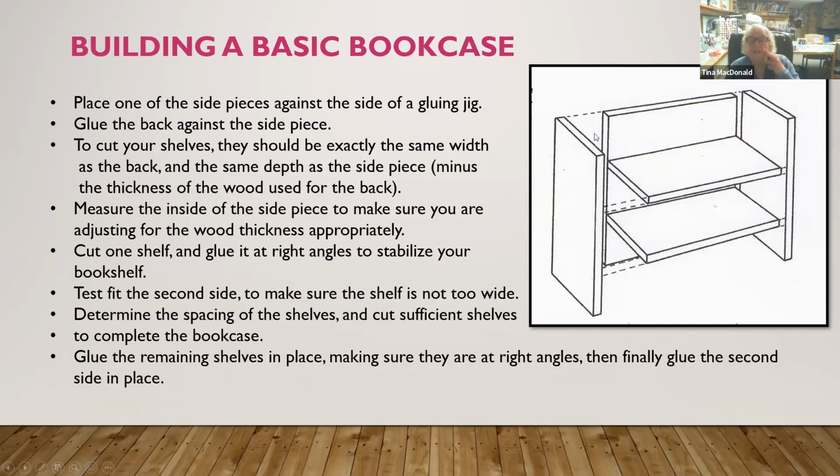So you always put the side up to the back. So you put your back in place and glue one side to it. Then use one shelf at right angles to stabilize it. Once you've got it stable, you can add your other shelves. And the last thing you add is the second side. That gives you your finished bookcase.